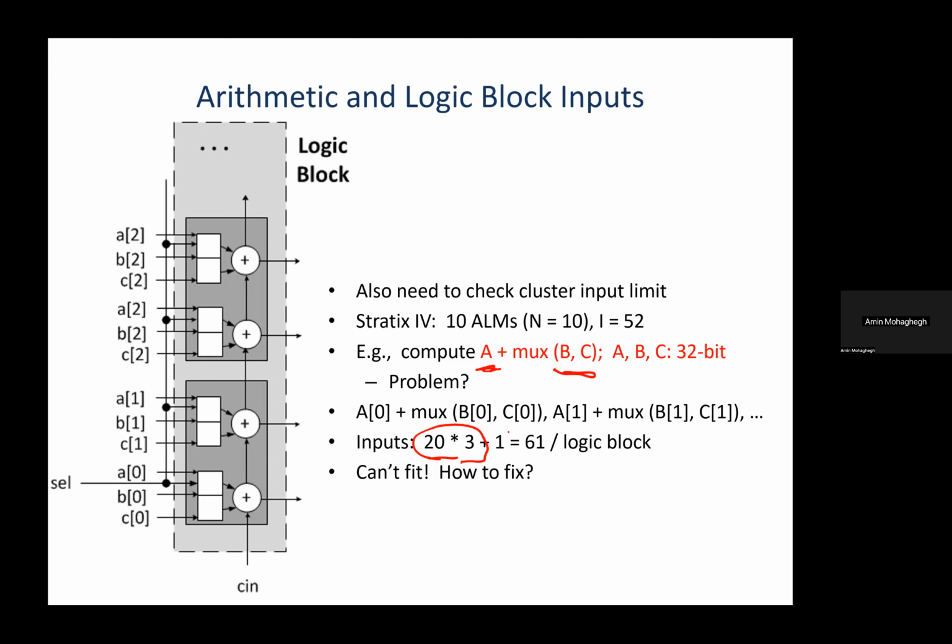We need a select signal that says, are we going to use A or B? But we only have to bring that in once. That's 61 per logic block. And in Stratix 4, the number of inputs that Intel actually built per logic block is 52. So 61 is more. It's not going to work. And in all the recent logic blocks, 61 is too high. It's more than you would normally have going into a logic block. What would normally happen is the CAD tool just wouldn't do this.